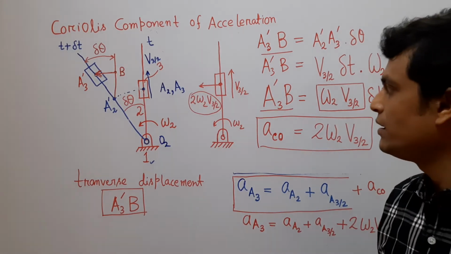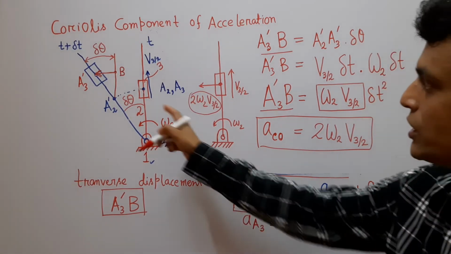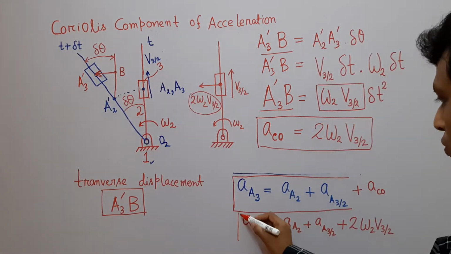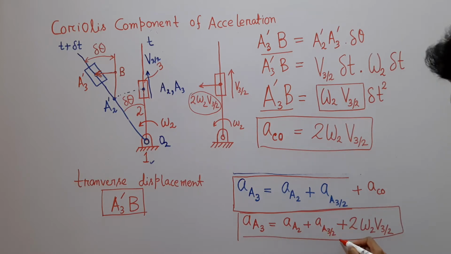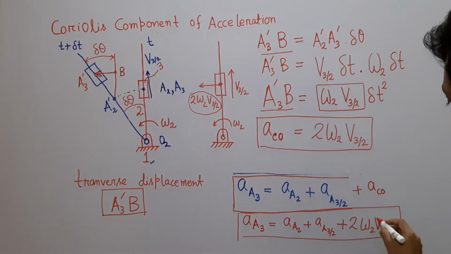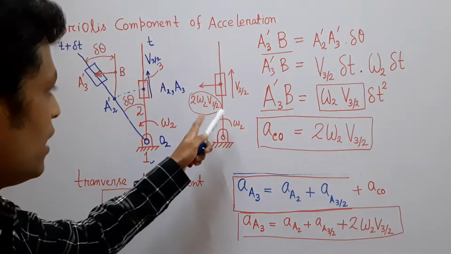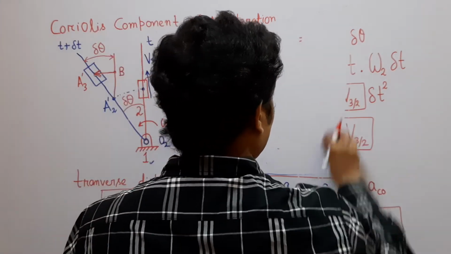That you can find by finding the direction of transverse displacement. So it is clear now. So the correct equation of acceleration becomes A3 is equal to AA2 plus AA3 by 2 plus 2 omega 2 V3 by 2. This is called Coriolis component of acceleration, and I have also discussed the direction.